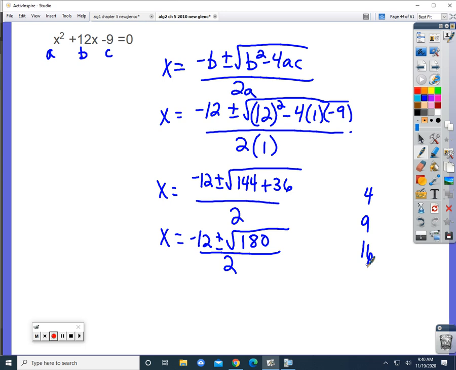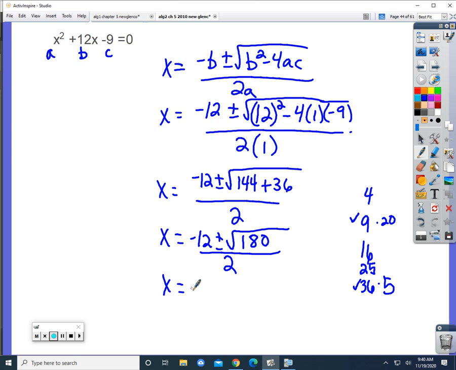So if I try 9, I know it does go into 180, and 20 times 9 is 180, but I think we can find another one that's a little bit bigger. I don't think 25 is going to work, but 36 I think works. 36 times 5.